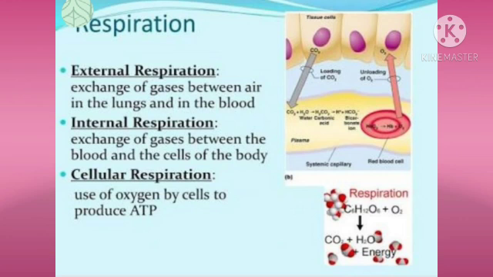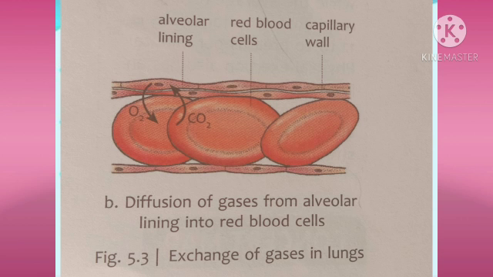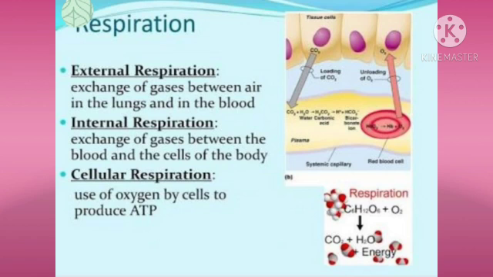Cellular respiration, the second step in aerobic respiration, involves internal respiration, that is exchange of gases between air in lungs and blood in blood capillaries, between RBCs of blood and tissue cells of body, and finally the cellular respiration, which involves oxidation of food and release of energy.